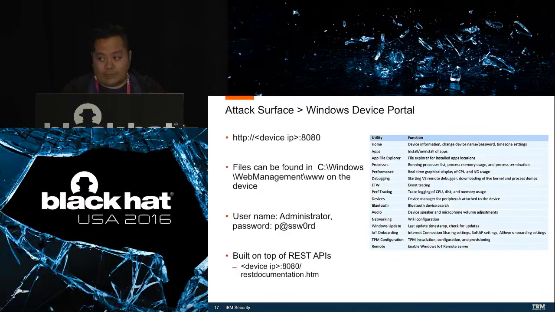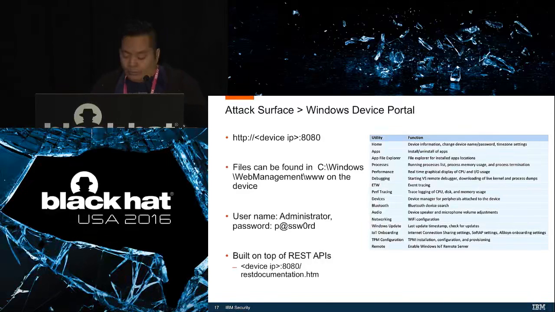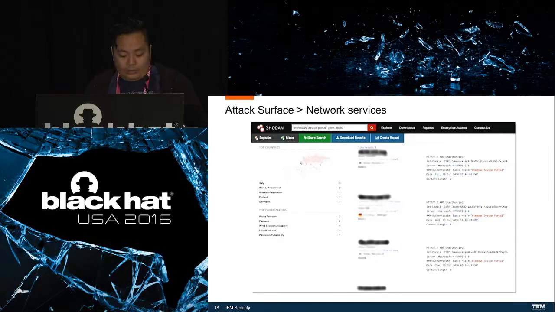For example, an attacker can use Shodan to search for devices running an HTTP server on port 8080 that returns a banner containing the string Windows Device Portal, which is returned by the Windows Device Portal when you connect to it. That Shodan search will yield a result similar to this.